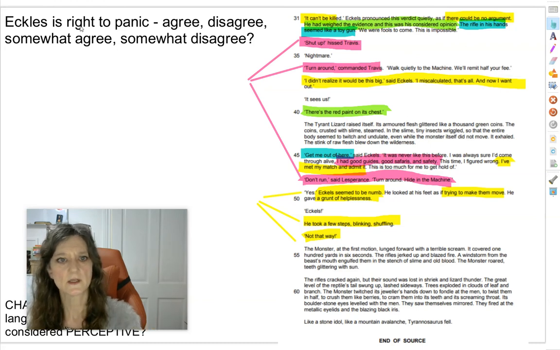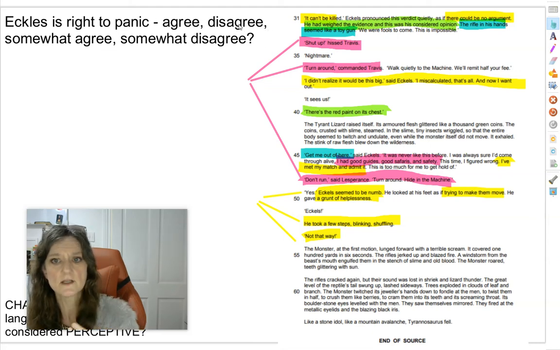So maybe now we think, well, no, he's not right to panic. So I'm disagreeing again with the student, but for a really different reason here. He's not right to panic because clearly someone's already been back to the past and marked out this dinosaur for destruction. So no, he shouldn't be panicking. This team knows what it's doing.